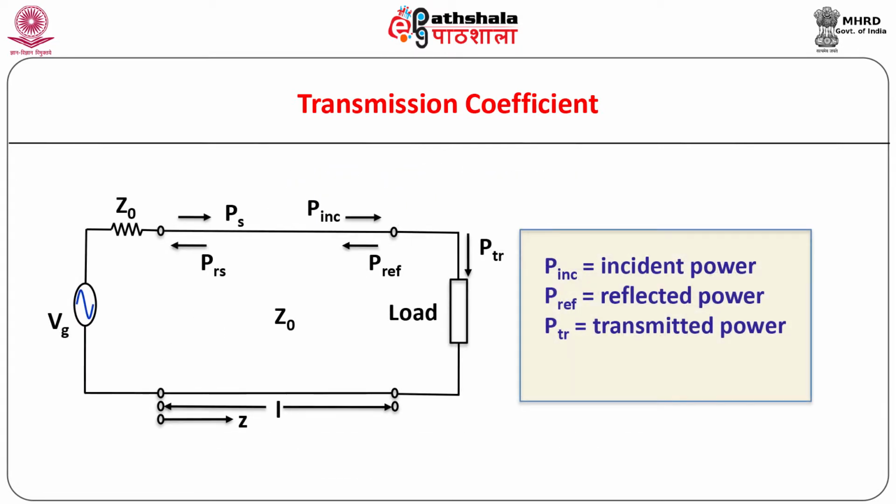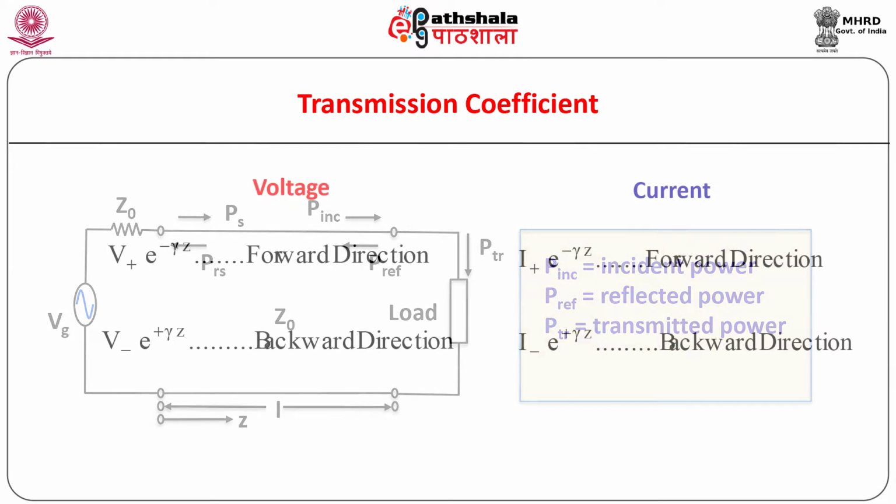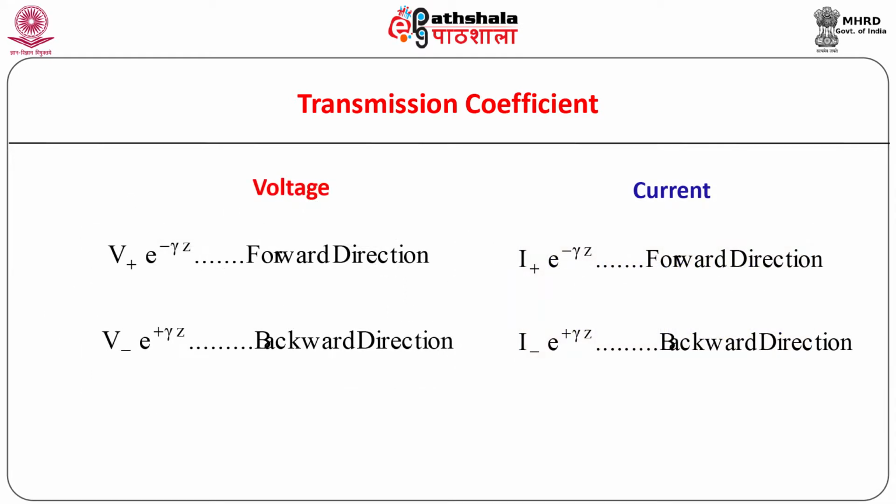In the diagram, the notations used for incident power, reflected power and transmitted power are as shown. The voltage and current waves travelling along the z axis in the forward direction can be described as shown.